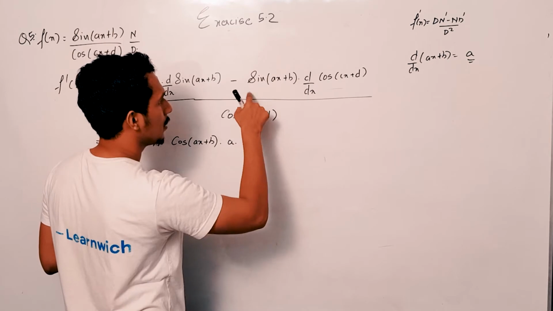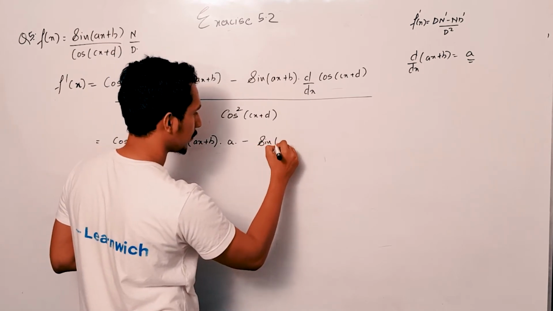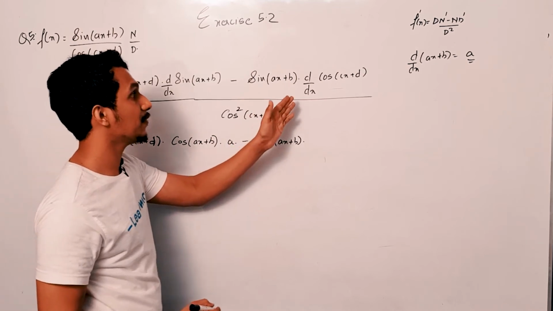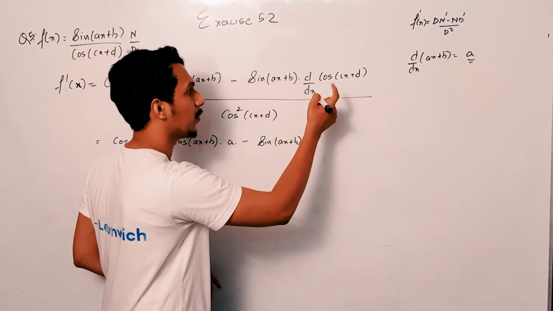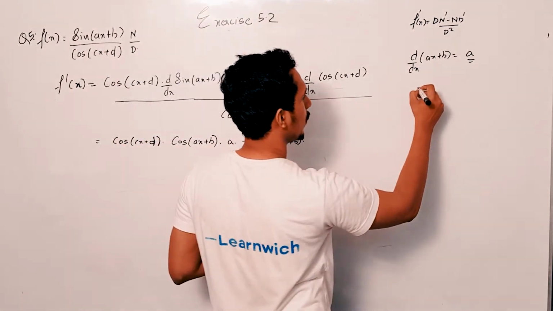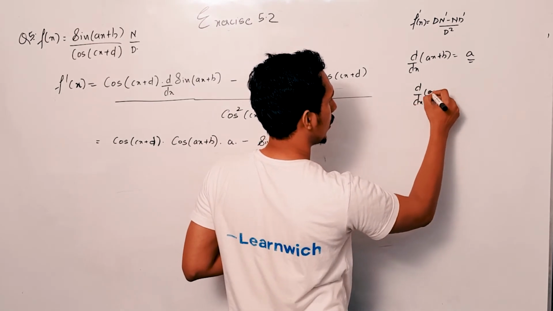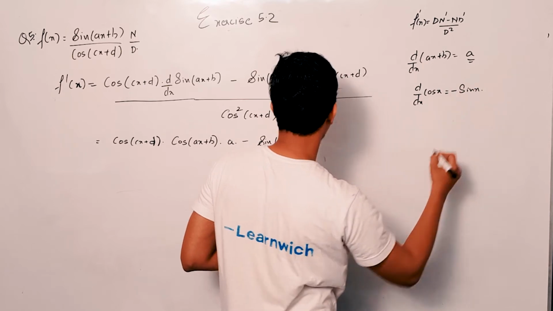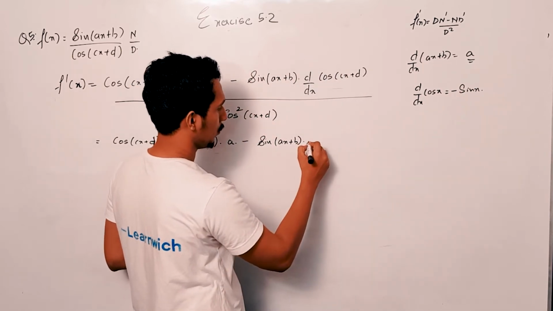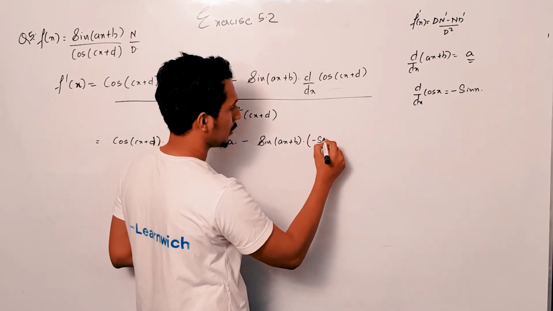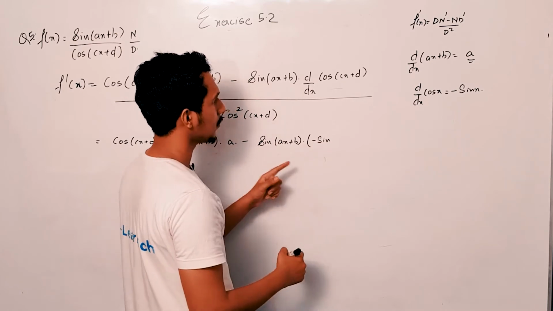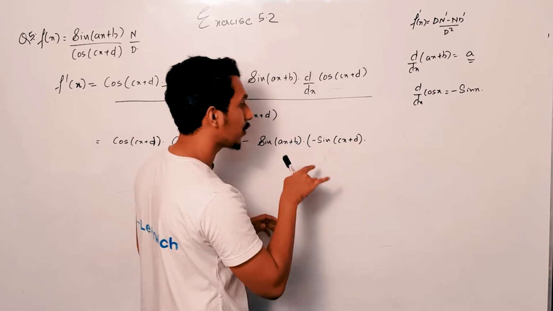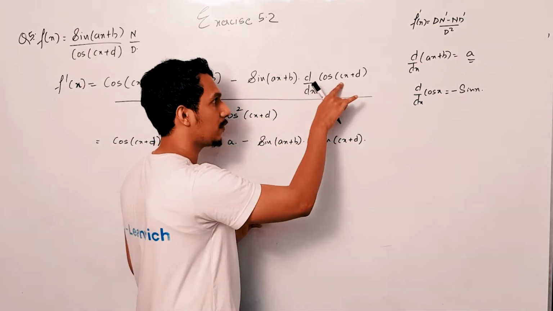Minus sine of ax plus b into d by dx of cos of cx plus d. Now tell me, what is d by dx of cos x? d by dx of cos x is minus sine x, so into minus sine cx plus d, into, the function is not finished with cos.